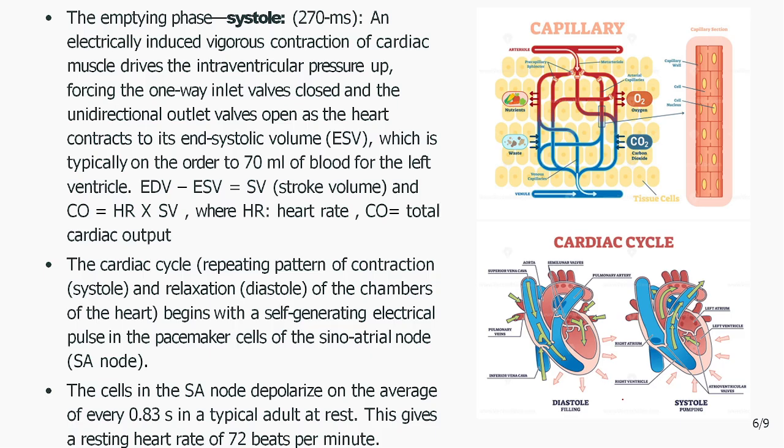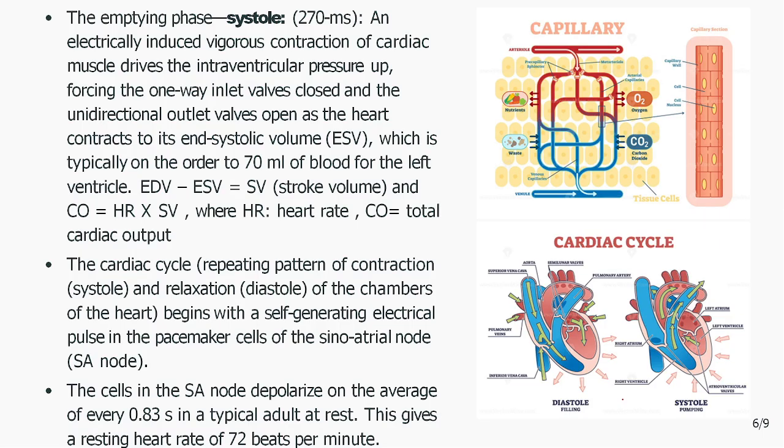The difference between end diastolic volume and end systolic volume, created by every pumping action, is known as stroke volume, which is 70 milliliters of blood.